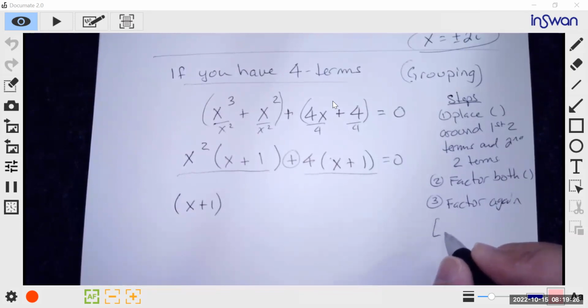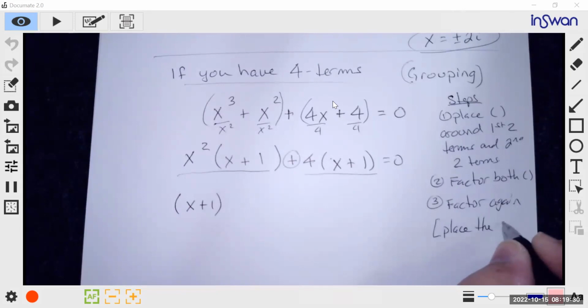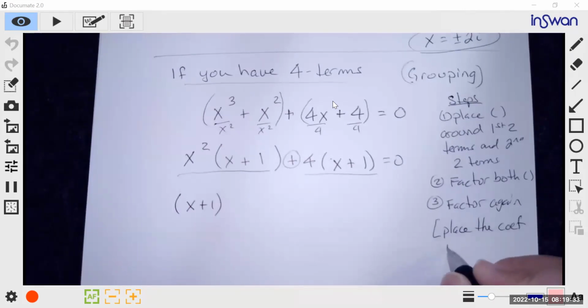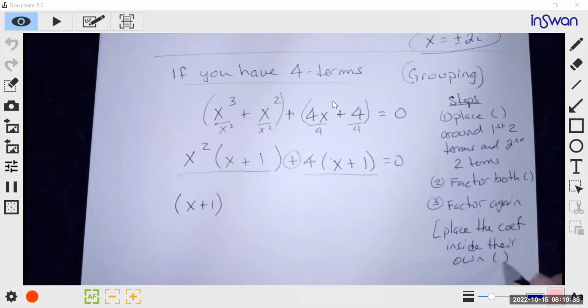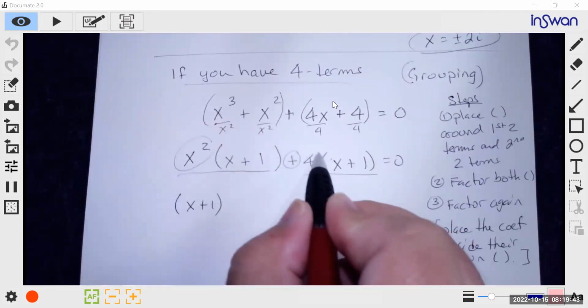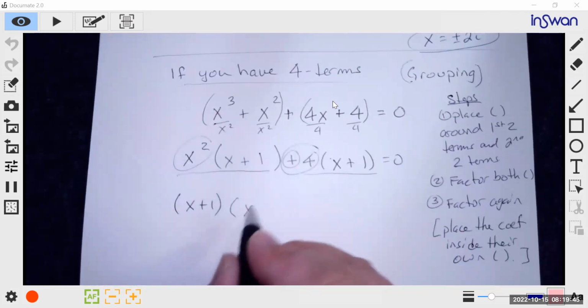And basically what it says is place the coefficients inside their own parentheses. So take the coefficients and put them inside their own parenthesis.